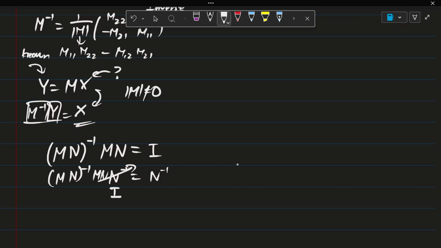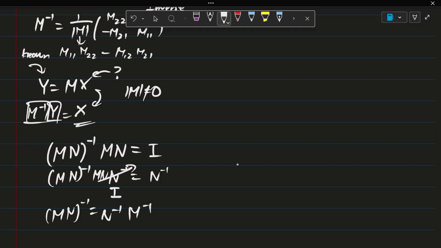And so if you do the same thing, what you would get is that mn inverse is the same thing as n inverse m inverse. So it turns out that you flip the order for computing the multiplication. Instead of doing m times n and then inverting everything, you could just find the inverse of n multiplied by the inverse of m.